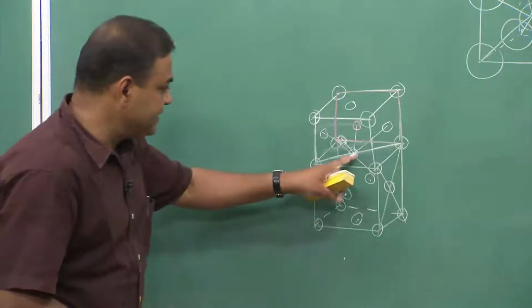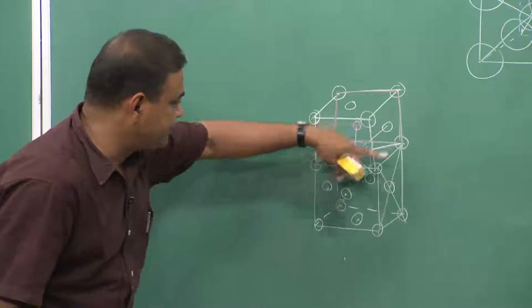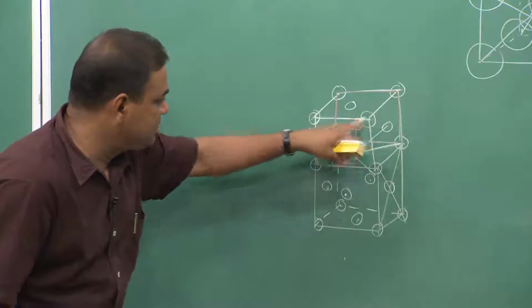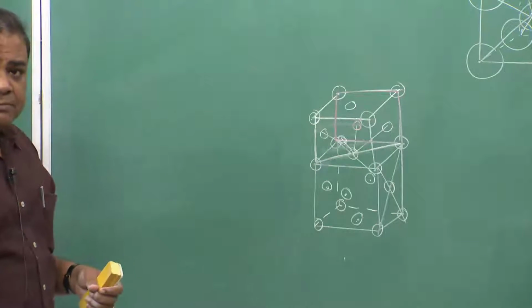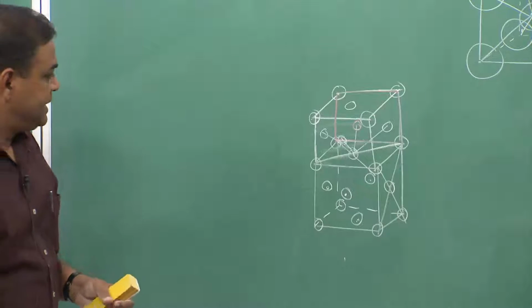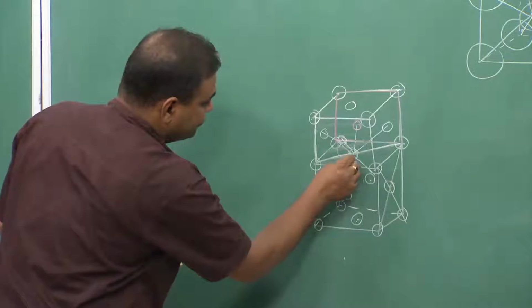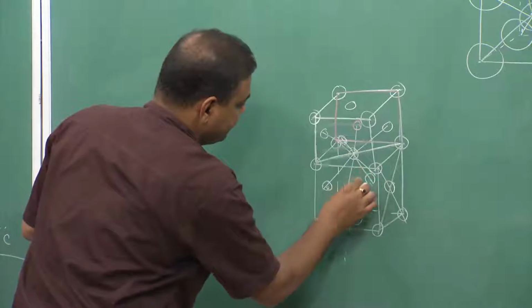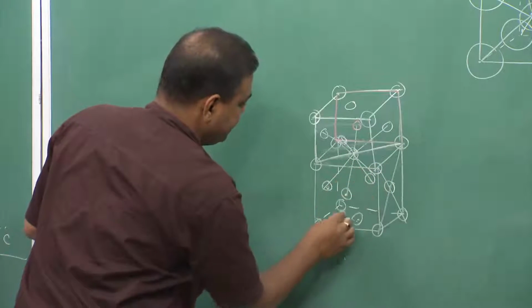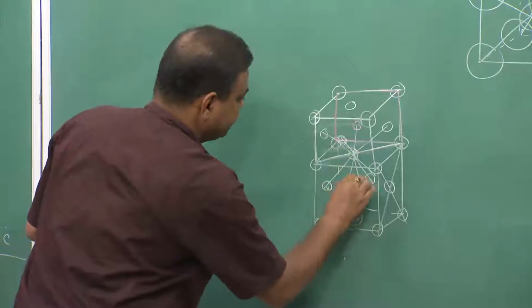So, it is connected to all the corner atoms of the same face, and then all the center atoms of the top unit cell. Similarly, this will be connected to all the face points, and then at the back of the face there will be one more. So, this is connected.